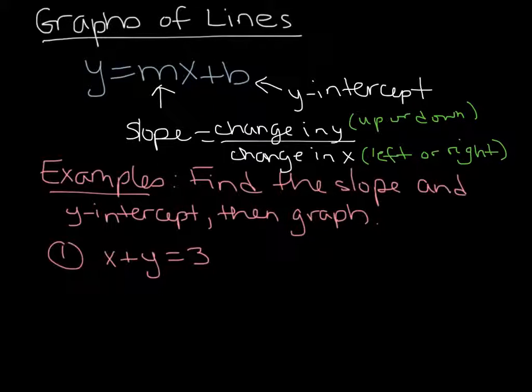So here's an example. We're going to find the slope and y-intercept, then graph. And in order to find the slope and the y-intercept, you have to start by getting it into slope-intercept form. We do that by moving over that x. So I'm going to write this, get into slope-intercept form.